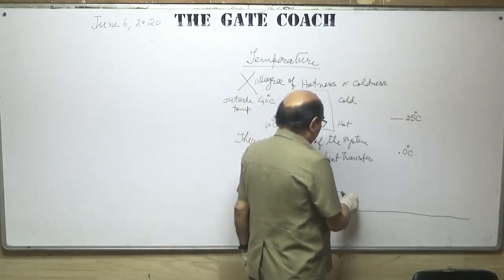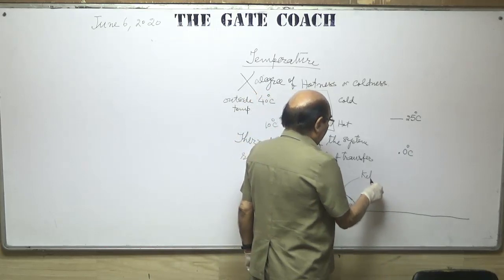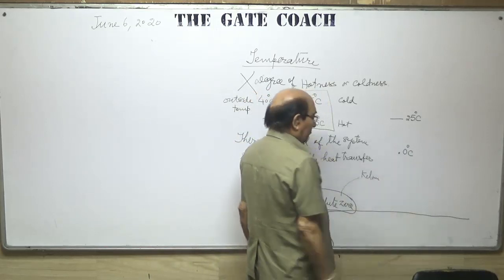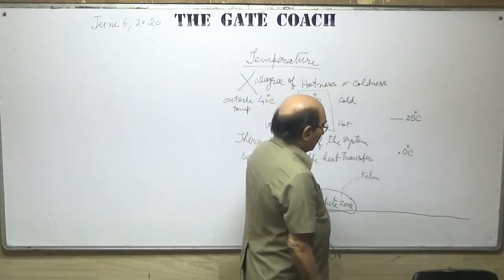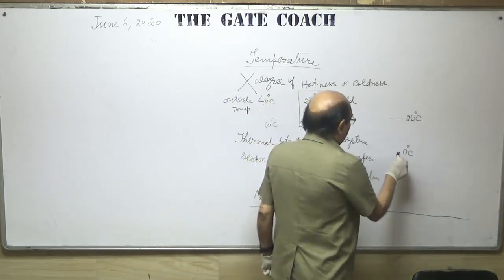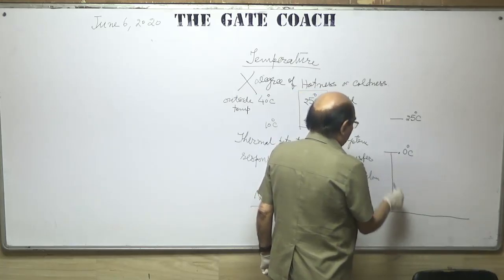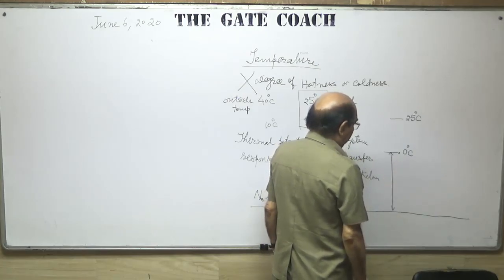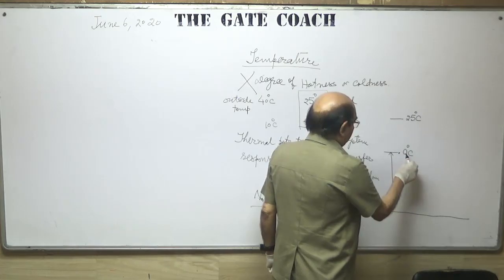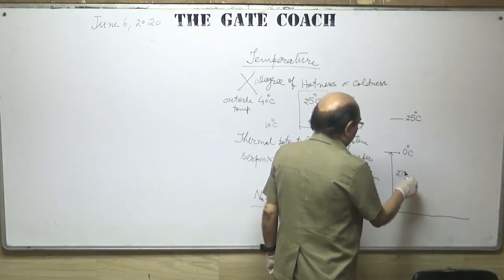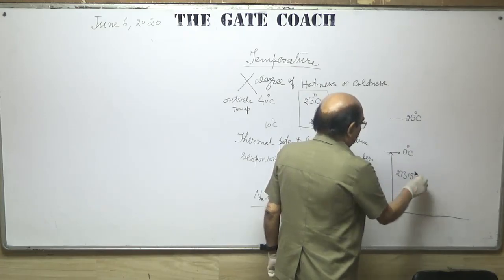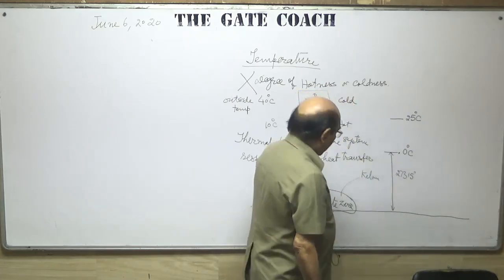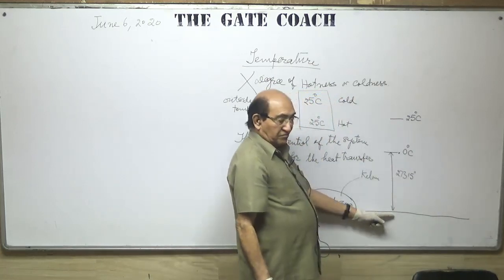This measurement was done by Mr. Kelvin, and with the help of Celsius and Kelvin, they studied statistical thermodynamics and could arrive at the result that this 0 degree centigrade happens to be 273.15 degrees above absolute zero.